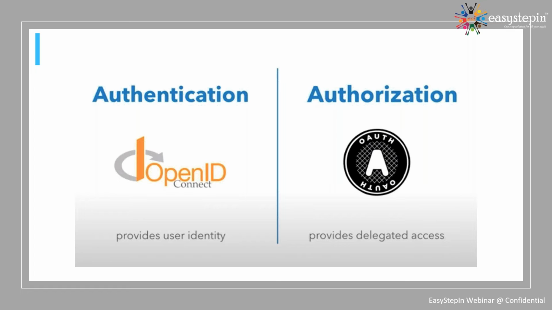And OAuth, since there is no validation, is called an authorization protocol. This is very important. Just understand this. Because you are being verified here, OpenID is called an authentication protocol. Since there is no validation at all in OAuth, it is called an authorization protocol. Clear?